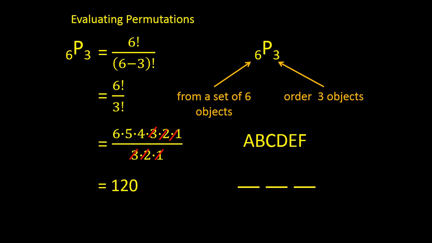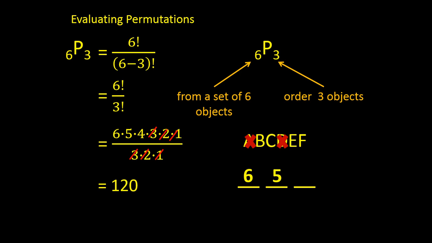So if we want to choose something for the first blank, we've got 6 letters to choose from. We could pick any of those 6 letters. Now just imagine that, for example, we'd chosen the D. So once we've chosen a letter from those 6 letters, we only have 5 letters left to choose from for the second letter. Maybe the second letter was the A. It could have been anything.